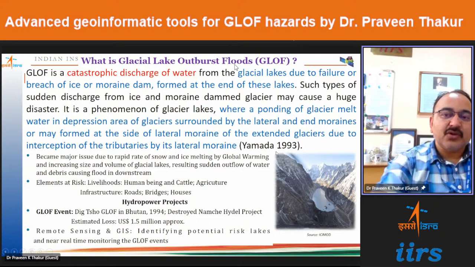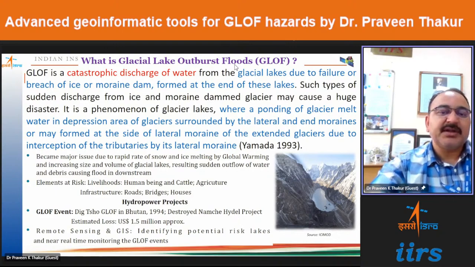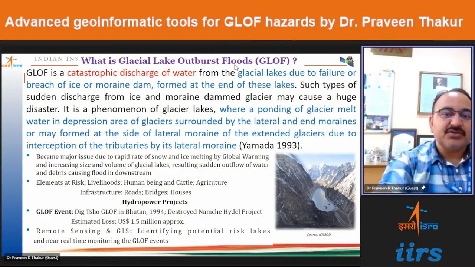It can be the overtopping breach or the piping-based breach, and it will cause rapid movement of the water, sediment, and other mixtures in the downstream area, leading to huge losses of human lives, human infrastructure, livelihood, and agriculture, roads, bridges, and in many cases the hydropower projects.